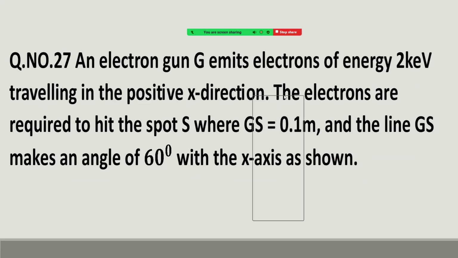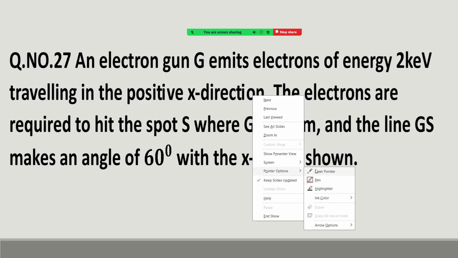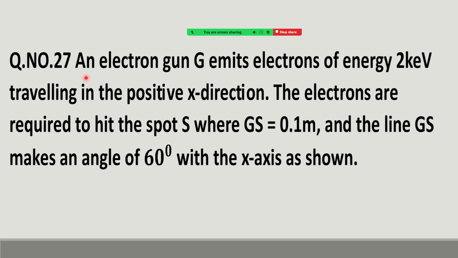Let's see the question given. An electron gun G emits electrons of energy 2 kilo electron volt traveling in the positive x direction. The electrons are required to hit the spot S where GS equal to 0.1 meter and the line GS makes an angle of 60 with x-axis as shown.